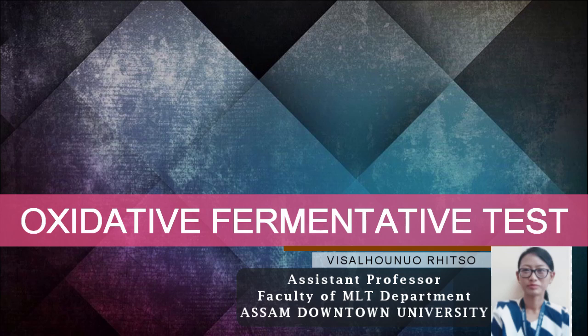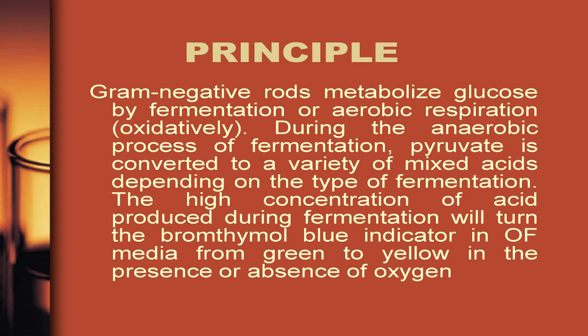The objective of this test is to detect the oxidation or fermentation of carbohydrates by bacteria. The principle of the test is that the oxidative fermentative test determines if certain gram-negative rods metabolize glucose by fermentation or aerobic respiration, oxidatively.